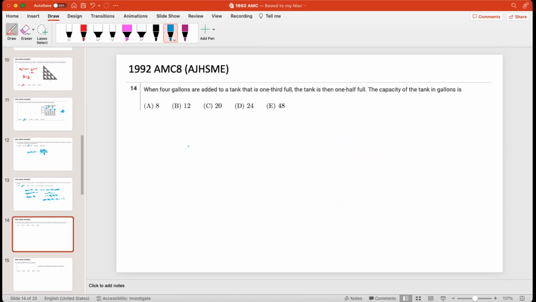When 4 gallons are added to a tank that is one third full, the tank is then half full. What is the capacity of the tank in gallons? So half minus 1 by 3 is equal to 4, correct?